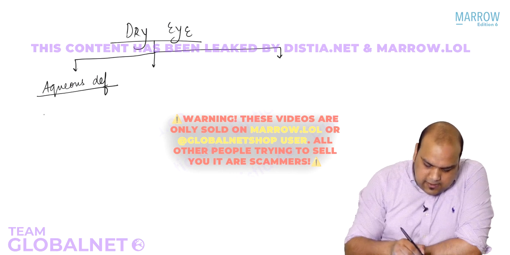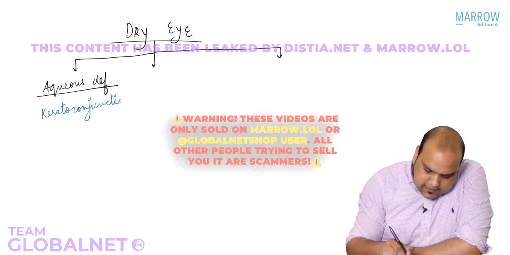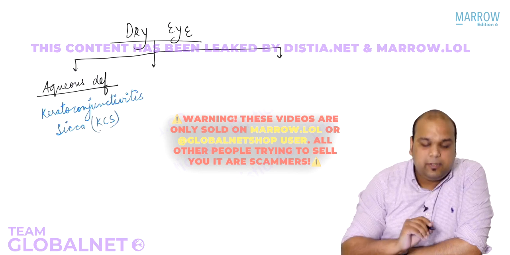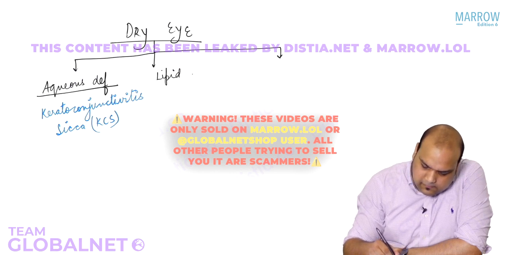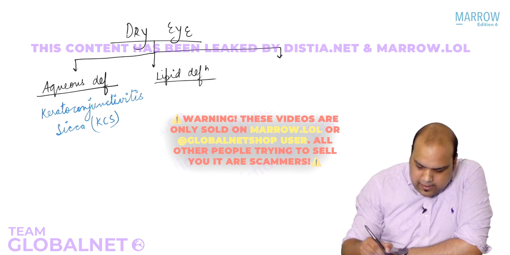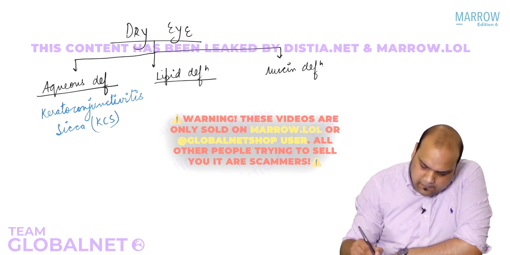Cases of aqueous deficiency are called keratoconjunctivitis sicca, KCS. Okay. Then there can be lipid deficiency. And lastly, there can be mucin deficiency.